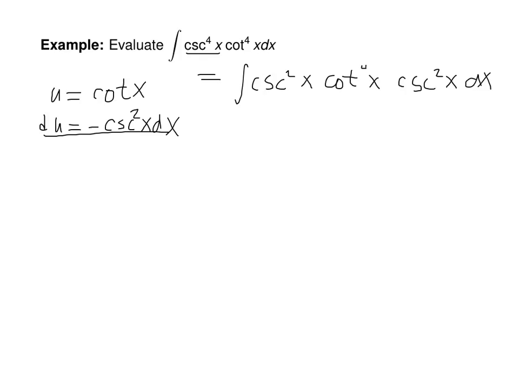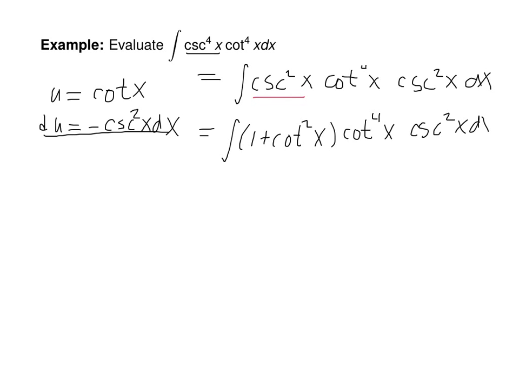Now our Pythagorean identities say that cosecant squared x is equal to 1 plus cotangent squared x, so 1 plus cotangent squared x times cotangent to the 4th x times cosecant squared x dx.